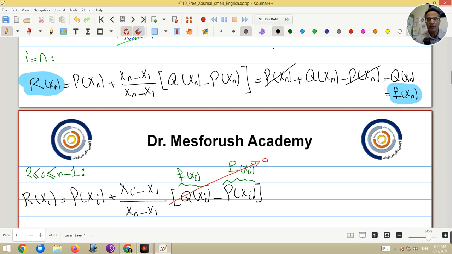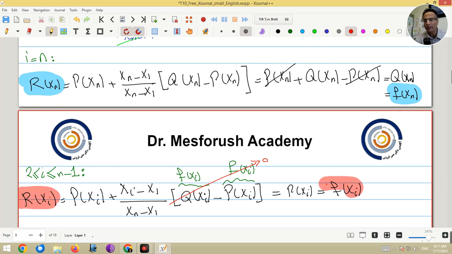So this is equal to p at xi, and we know that this is equal to f at xi. So the third part also works correctly.